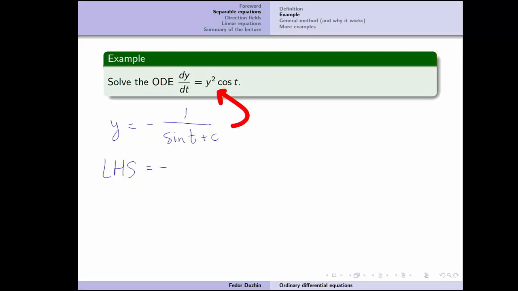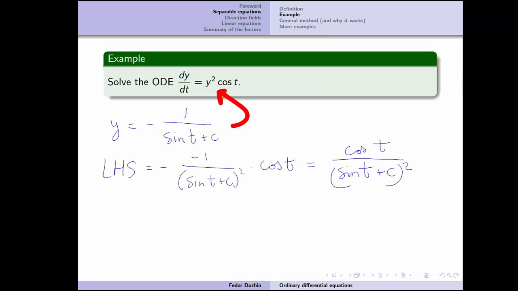Then when we are differentiating 1 over something, we are going to get minus 1 over this thing squared, sine t plus c squared, multiplied by the derivative of sine t plus c, which is cosine t. And so it is cosine t divided by sine t plus constant squared.